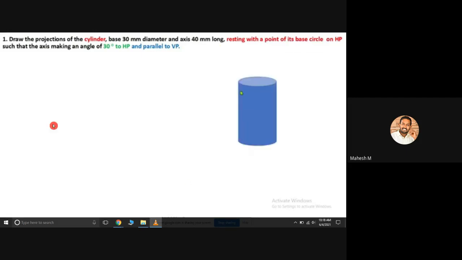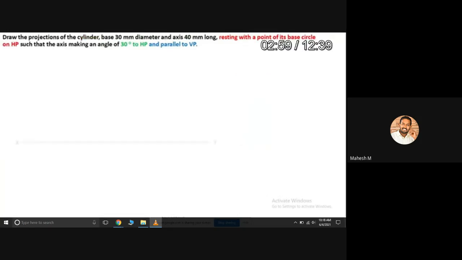So this is our cylinder. So for a cylinder, we'll be having two circular shapes. One is the top surface and another one is the bottom surface. The condition is that resting with a point of its base circle on HP. So the base circle is on HP.